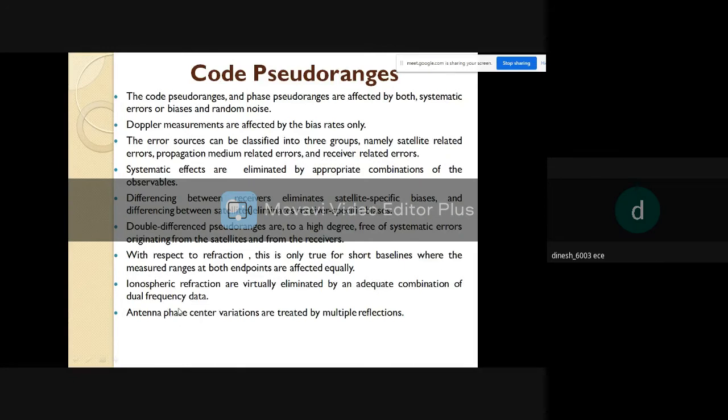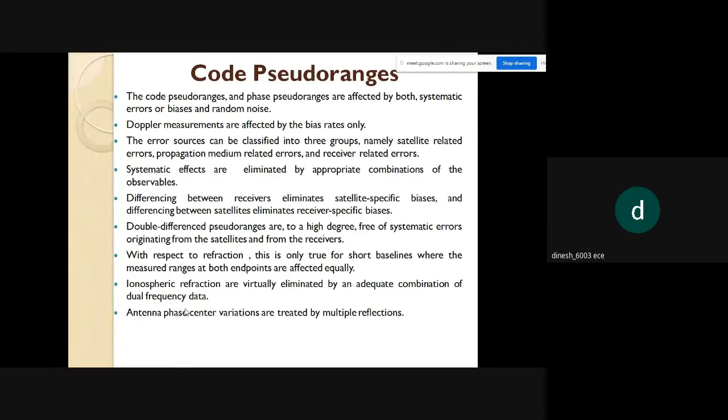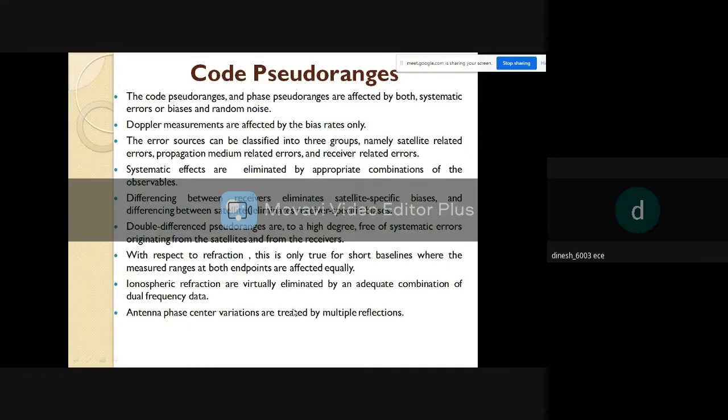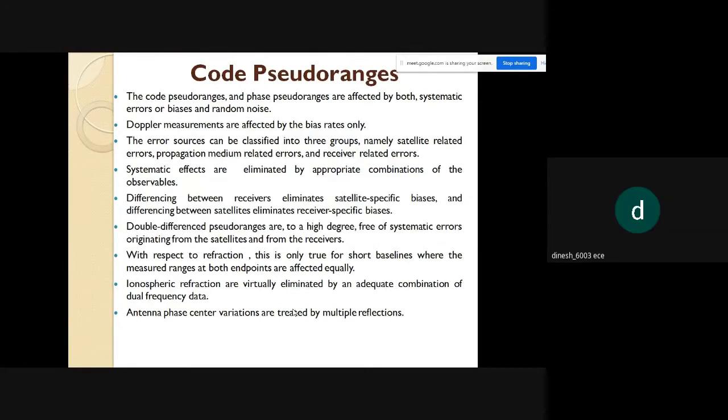Then we have another difference, the phase pseudo-range difference, which we call antenna phase center variations. These antenna phase center variations are treated by multiple reflections. By using these multiple reflections, we can approximate the point of observation for that corresponding satellite.